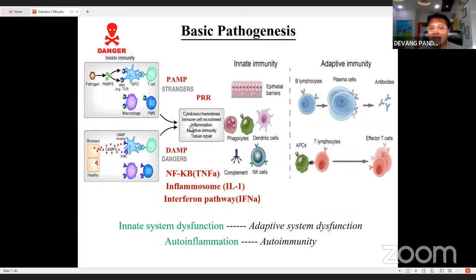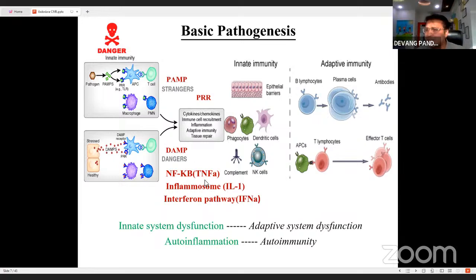Our body on the innate side has many cells, and they have PRRs. What is a PRR? It is nothing but a simple small molecule which detects these either strangers or dangers. After detecting, the cells will release a series of cytokines, which cause inflammation in our body.